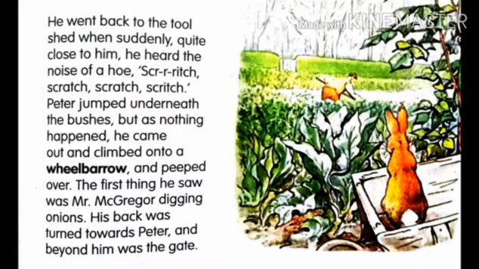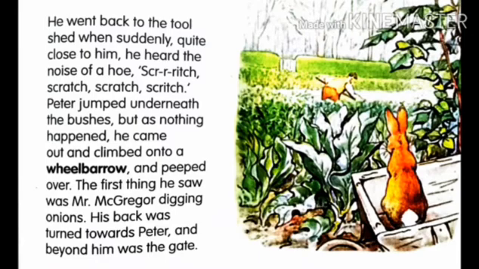Okay, so the first thing he saw was Mr. McGregor digging onions. His back was turned towards Peter and beyond him was the gate. Now when he climbed onto that wheelbarrow, from there he can observe. Can you see in the picture, children? He can see Mr. McGregor.